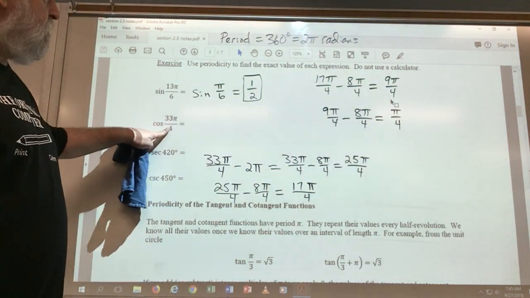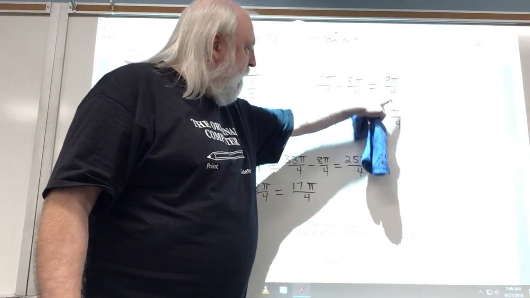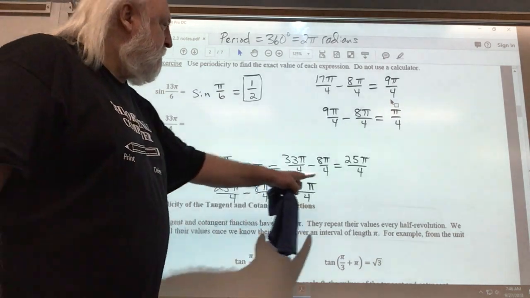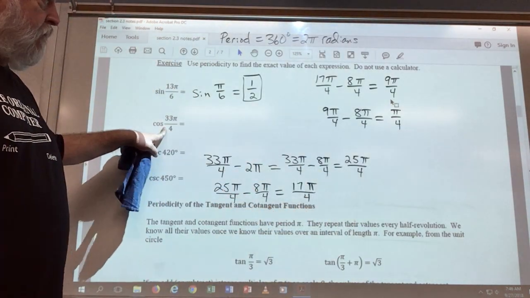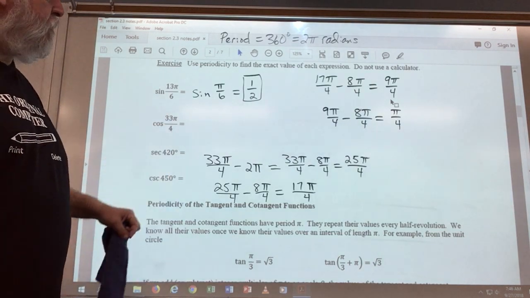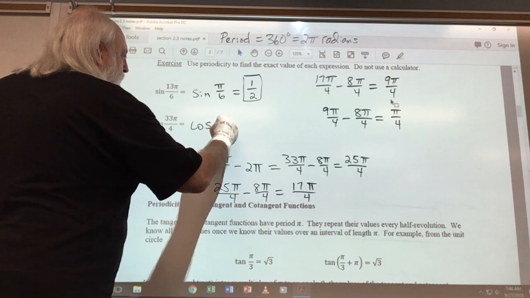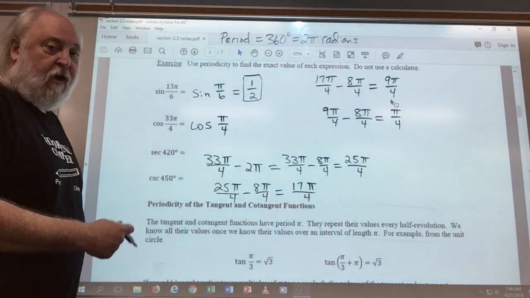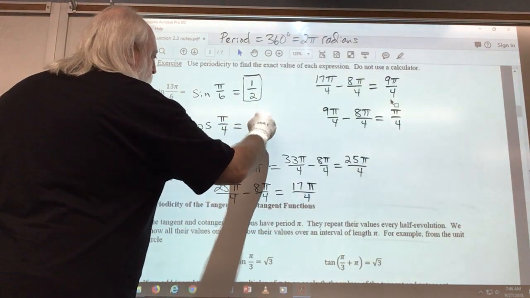So the cosine of pi over 4 is the same as the cosine of 9 pi over 4, same as cosine of 17 pi over 4, same as cosine of 25 pi over 4, which is the same as the cosine of 33 pi over 4. So the cosine of 33 pi over 4 has the same value as the cosine of pi over 4 after subtracting 4 revolutions. And we know that number is the square root of 2 over 2.